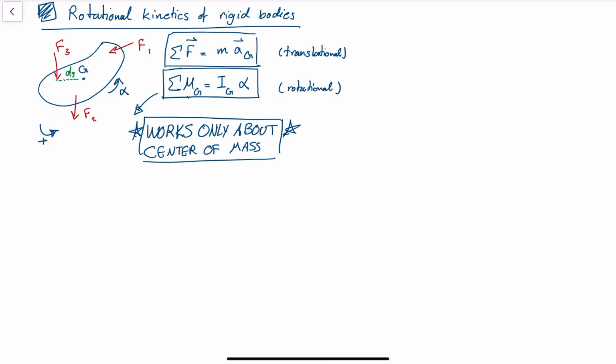If you calculate your moments about any other point, with some exceptions, you'll see what exceptions, the equation will be wrong and you end up with wrong calculations. So always note that these equations work for the center of mass. And you can imagine why the center of mass. The center of mass is essentially the central sense of a body. The body is evenly distributed in every direction, so it is a center of symmetry of the body.